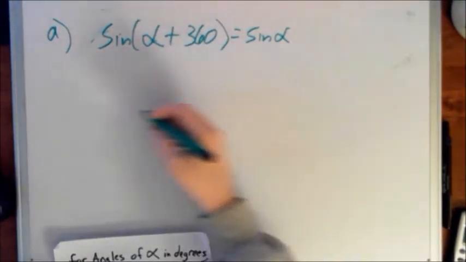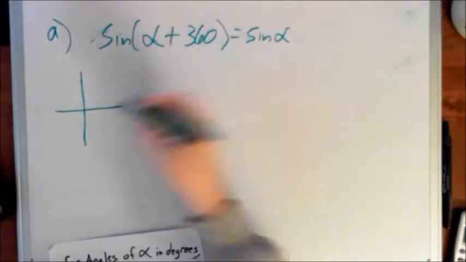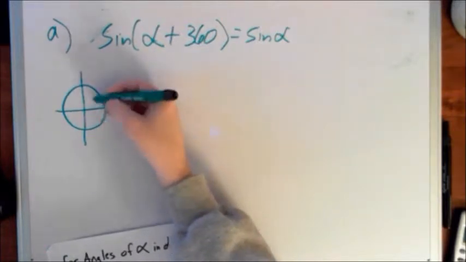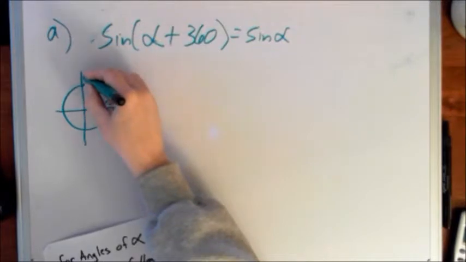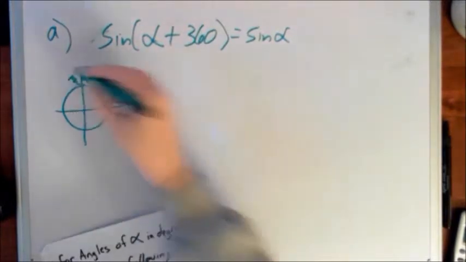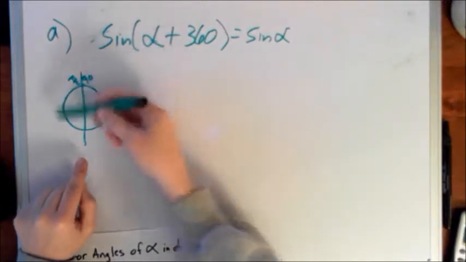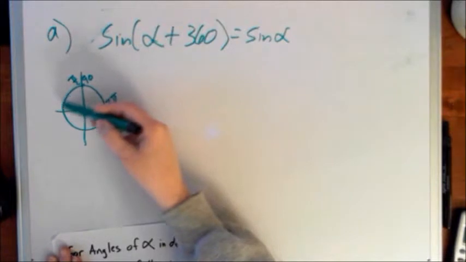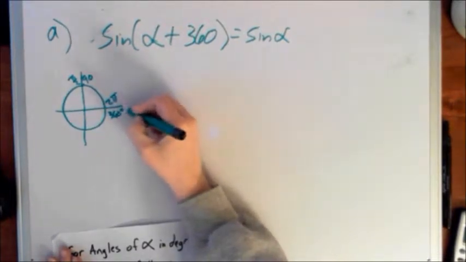So looking at the first one, a good way to look at this is just remembering the unit circle, where going around 360 degrees is equal to 2 pi. This was 90 degrees or half pi, and so on and so forth. Well, this is saying sine of any alpha plus 360 degrees. Well, what's 360 degrees? That's completely around, or 0.